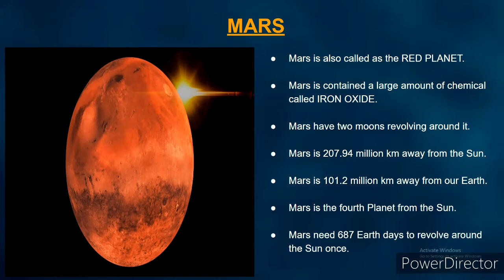Mars is 101.2 million away from our Earth. Mars is the 4th planet from the Sun. Mars needs 687 days to revolve round the Sun once.